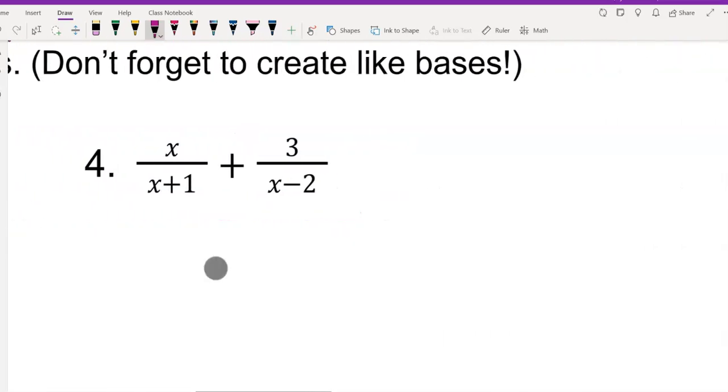All right, number 4. Again, we need to create common denominators. Here we have two different denominators, x plus 1 and x minus 2. How do we create common denominators? We multiply the denominators together.